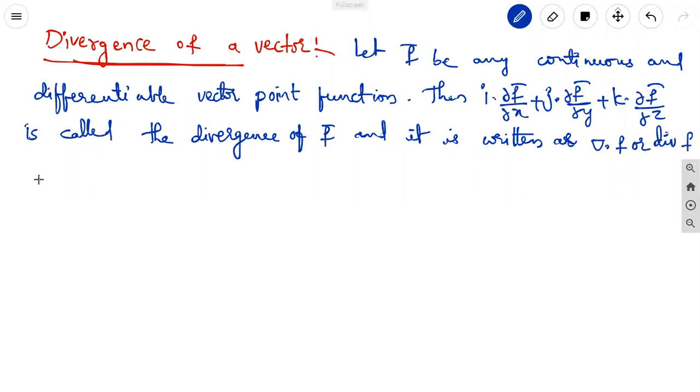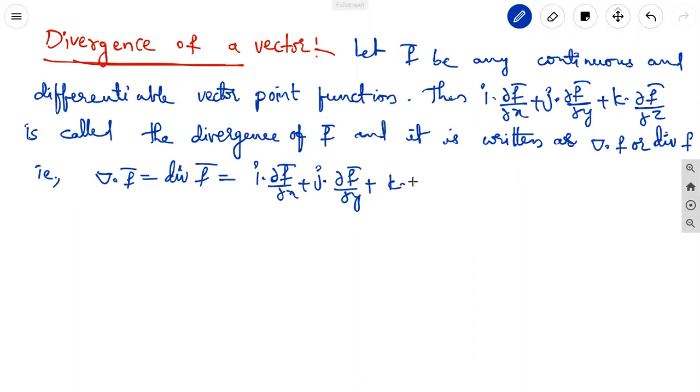That is, del dot f vector equal to div f vector equal to i dot dou f vector by dou x plus j dot dou f vector by dou y plus k dot dou f vector by dou z, or simply i dou by dou x plus j dou by dou y plus k dou by dou z dot f vector.